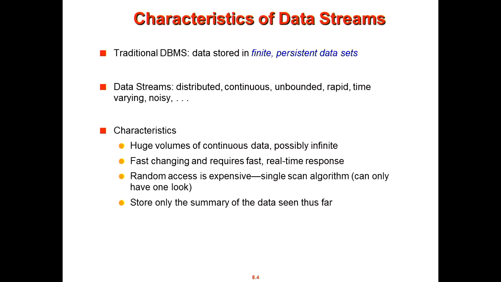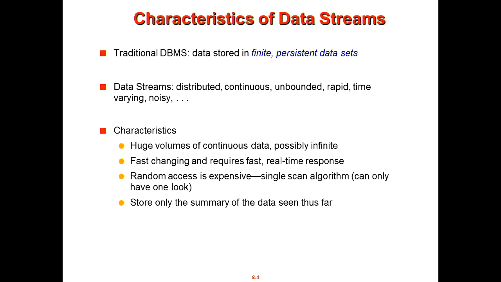It's different from the traditional database where you can do random access, such as in tables. You can go to some rows and retrieve the data. But in streaming data, normally you can only scan the data once. So you can only keep some kind of statistics of the data instead of the whole data stream.